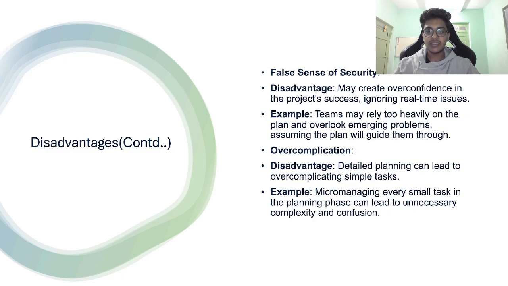Example: teams may rely too heavily on the plan and overlook emerging problems, assuming the plan will guide them throughout. Next is overcomplication. The disadvantage here is detailed planning can lead to overcomplicating the simplest of tasks. Example: micromanaging every small task in the planning phase can lead to unnecessary complexity and confusion.